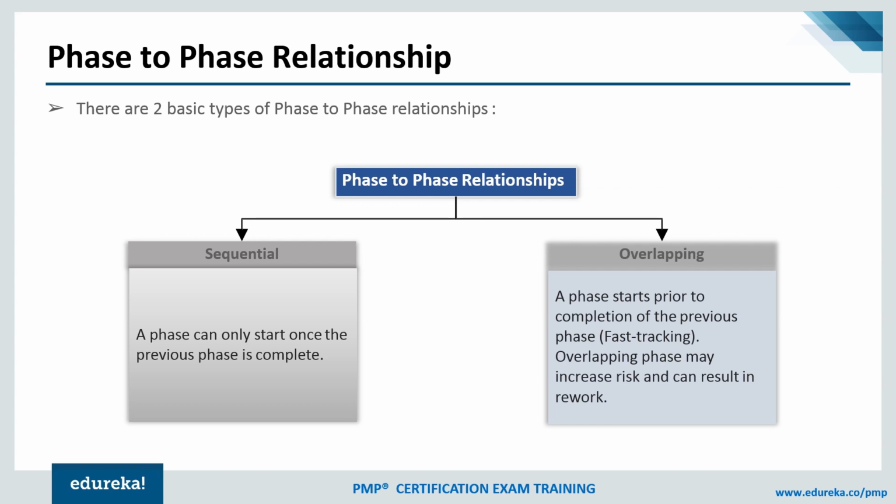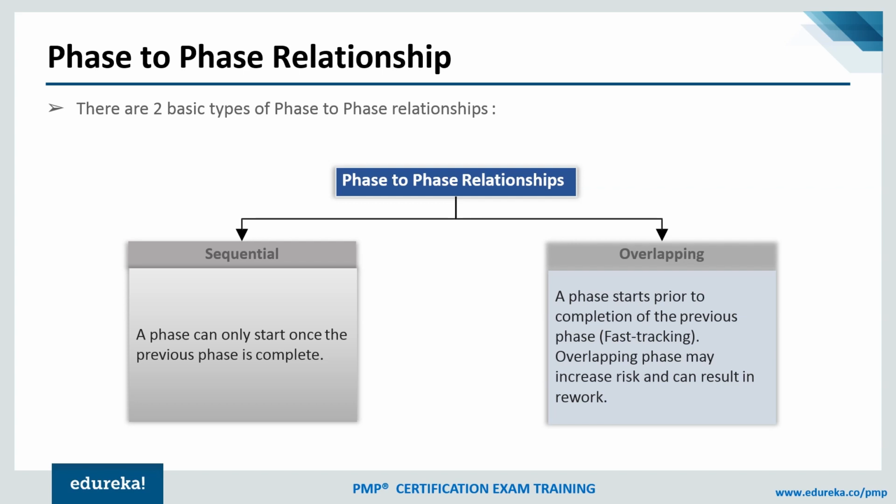You assumed that you are not going to get any significant new requirement which may change the overall scope. But you never know, you may discover something new while meeting those remaining stakeholders, and that may force you to go back and do a lot of rework. So with the overlapping relationship, you have to be very, very careful because it may increase the risk.